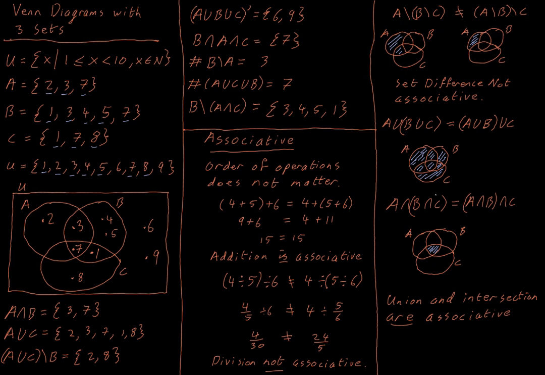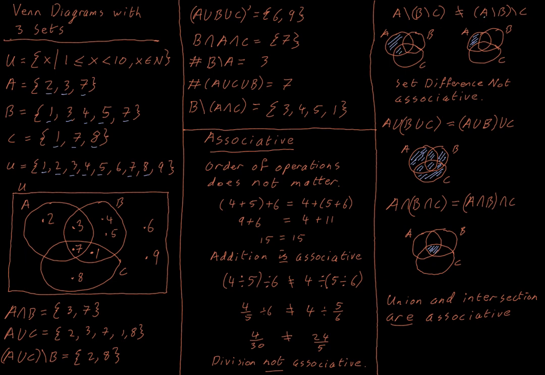Now, in terms of sets language, A not B not C is not the same thing as A not B not C grouped the other way. So B not C, B but not C, would be this part of B. A not that would mean it's A but not this bit of B, so that would include the intersection down here.